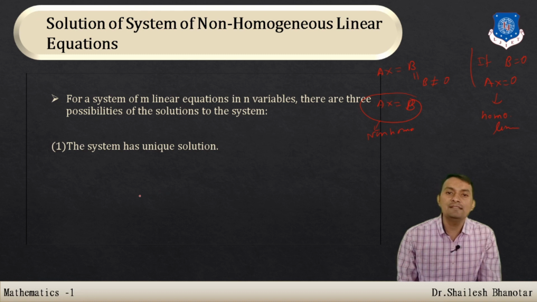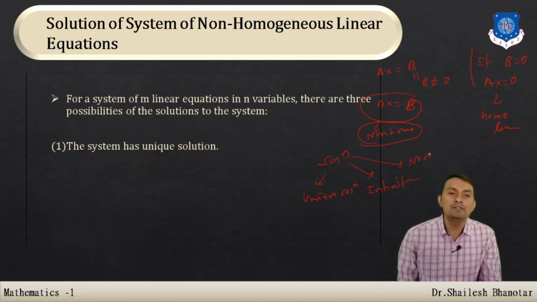So suppose you are given any system. Whenever we have a non-homogeneous system, it has three kinds of solutions. First, a unique solution; second, infinitely many solutions; and third, no solution.